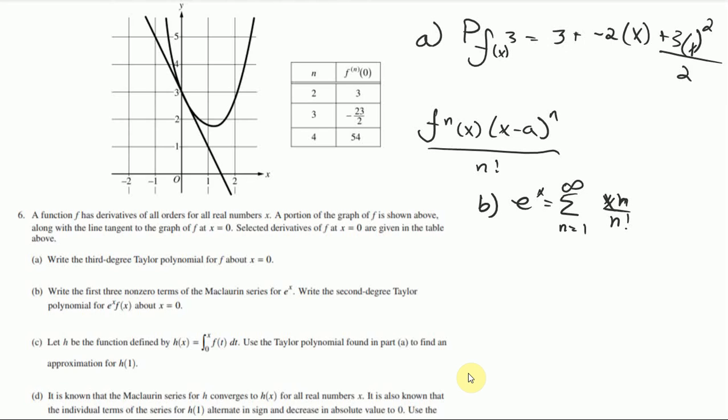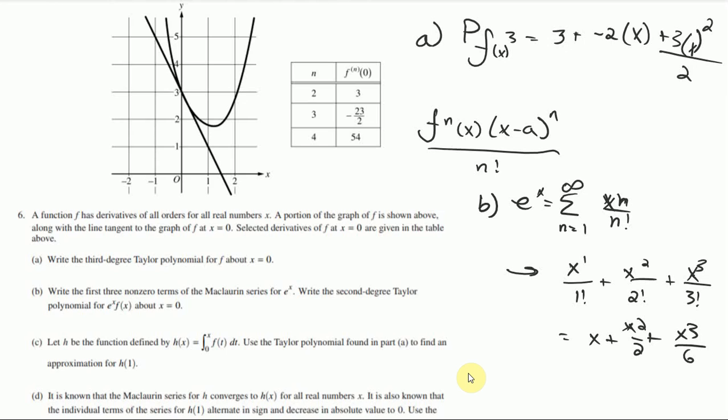So the first 3 non-zero terms are x to the first over 1 factorial plus x to the second over 2 factorial plus x to the third over 3 factorial. That's x plus x squared over 2 plus x cubed over 6.